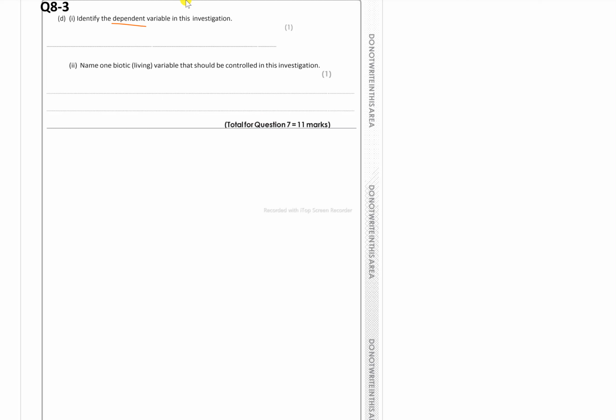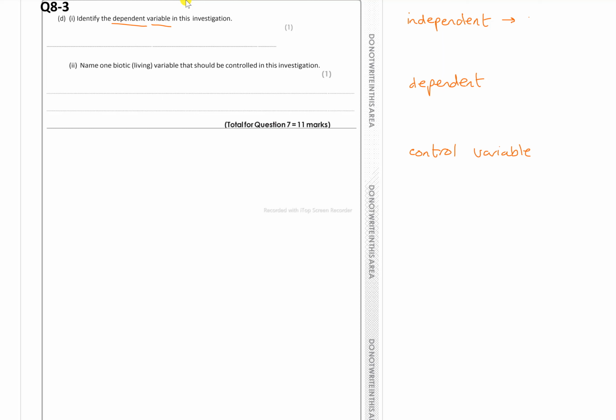Right, to identify the dependent variable. Right, remember we said there's three types of variable that we look at: independent variable, dependent variable, and a control variable. These are all right. Independent is the one that you're changing.